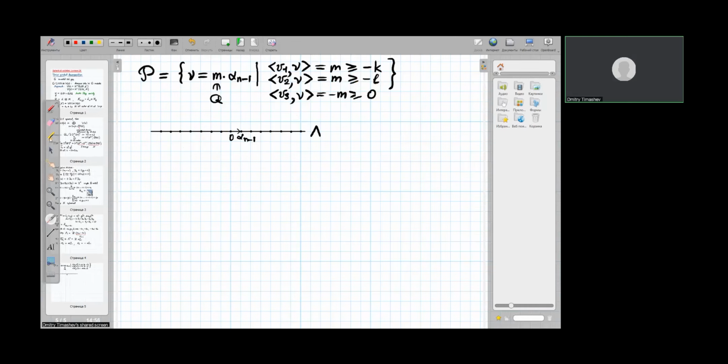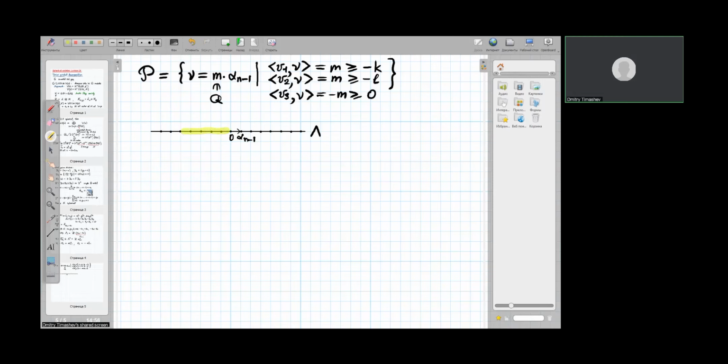Let me draw it here like this. This will be my P. Maybe I should do it more precisely. It starts from here and goes up to 0.